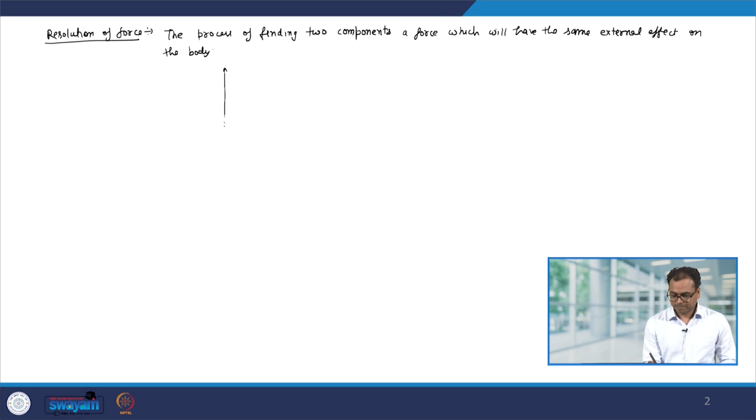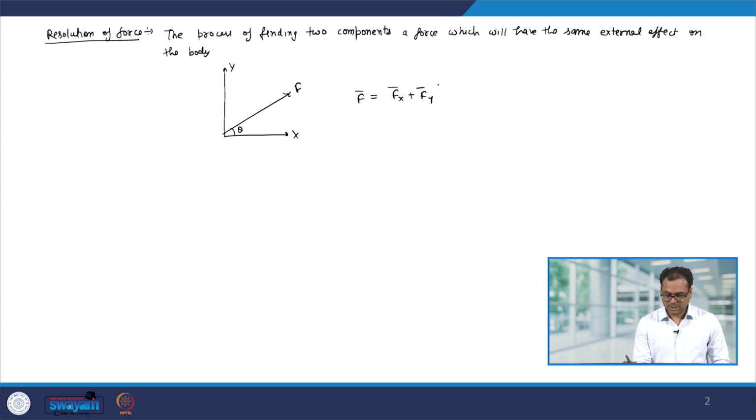Let us say I have a force F which is acting on a rigid body and it is making an angle theta from the x and y axis. Then this is the process wherein we can break this force into two components x and y. So, this force F can be written as Fx plus Fy.